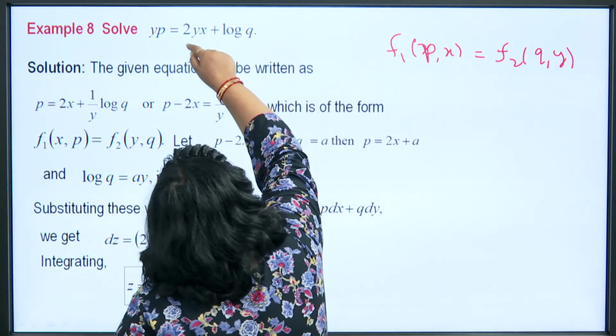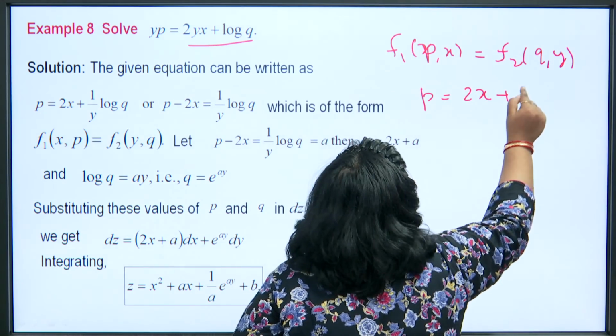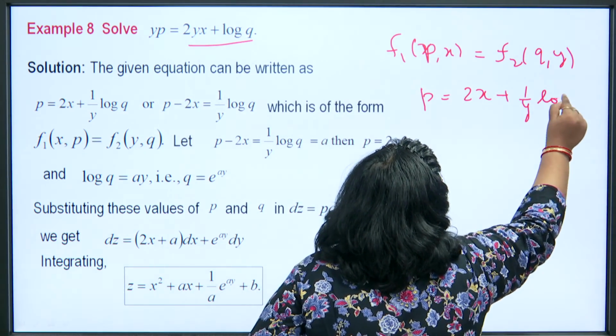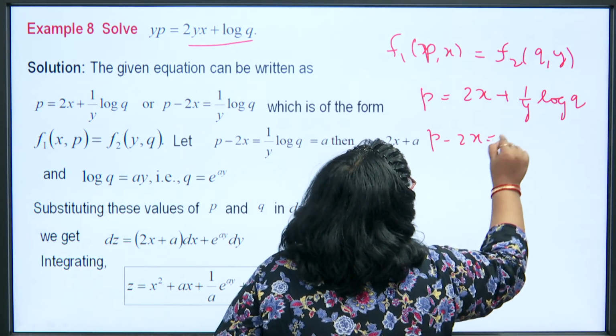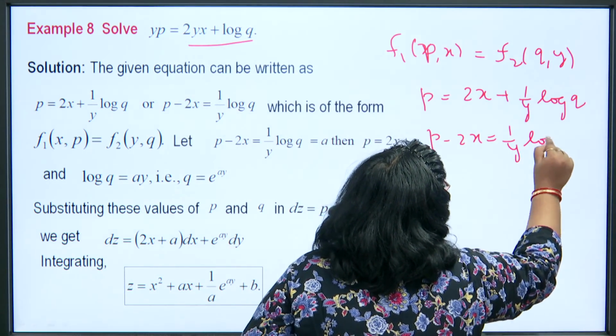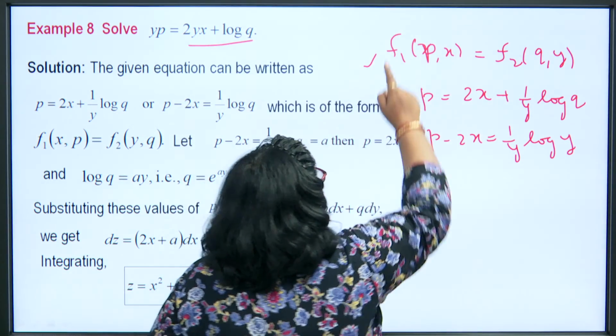For this equation we can write p is equal to 2x plus 1 by y log q, and p minus 2x is equal to 1 by y log q. That means this equation is written in the form of type fourth.